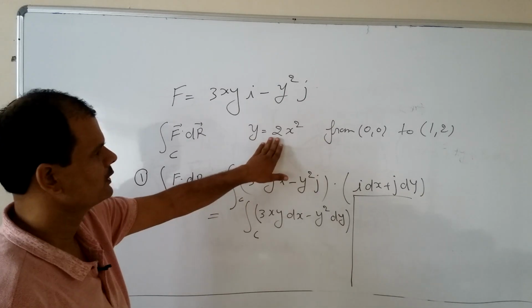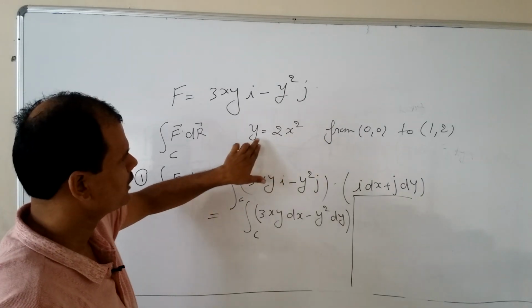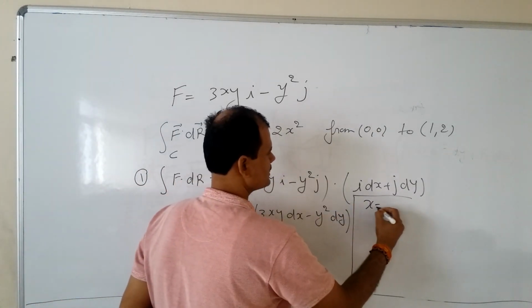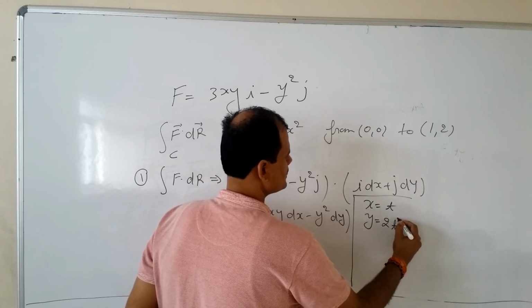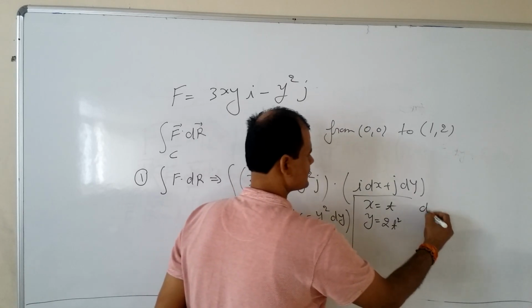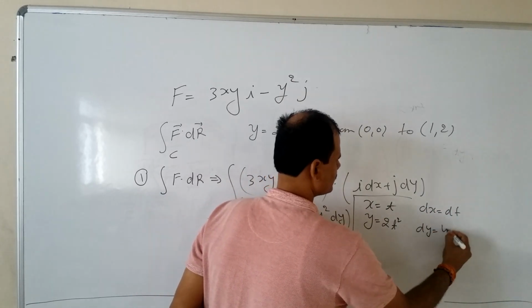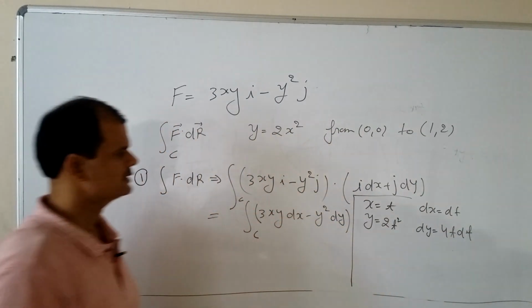Now the first way, using parametric equation. For this one we can have the parametric equation x equal to t and y equal to 2t square. Now what is dx? dx will be dt and dy will be 4t dt.